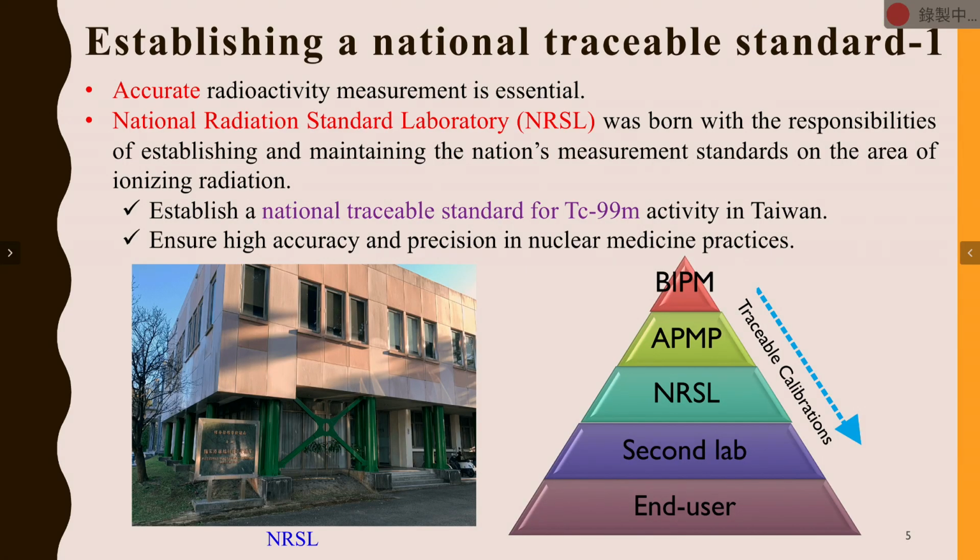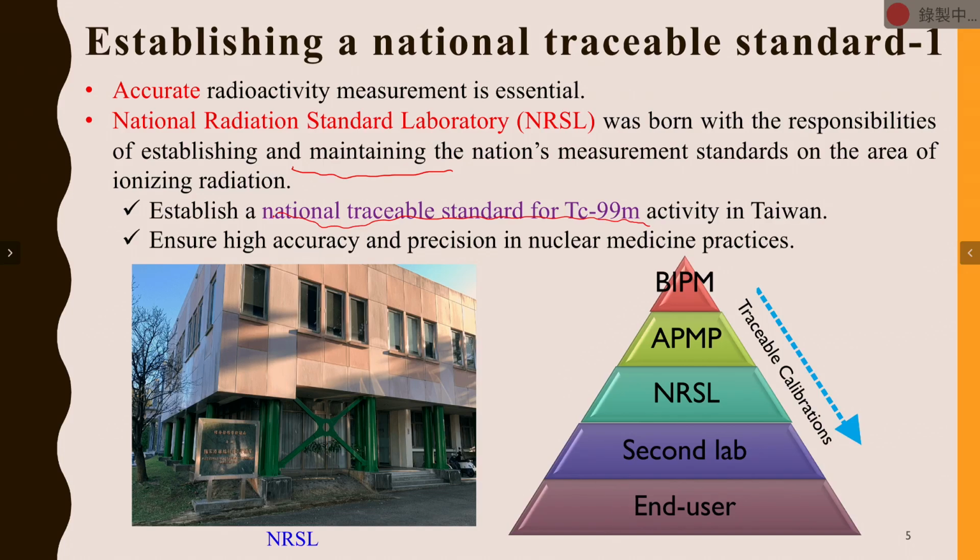Next is establishing a national traceable standard. Accurate radioactivity measurement is essential in our lab. NRSL was born with the responsibility of establishing and maintaining the nation's measurement standards in the area of ionizing radiation. So in this study, we want to establish a national traceable standard for Tc-99m activity in Taiwan.